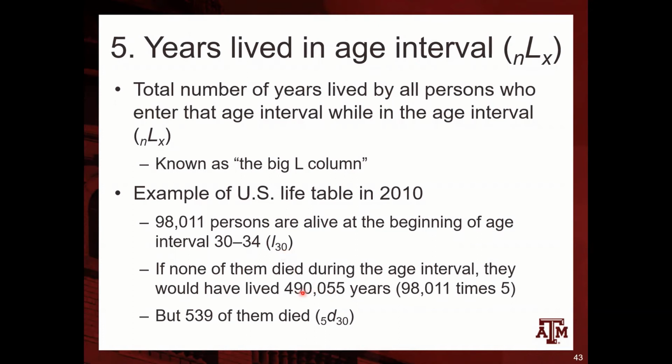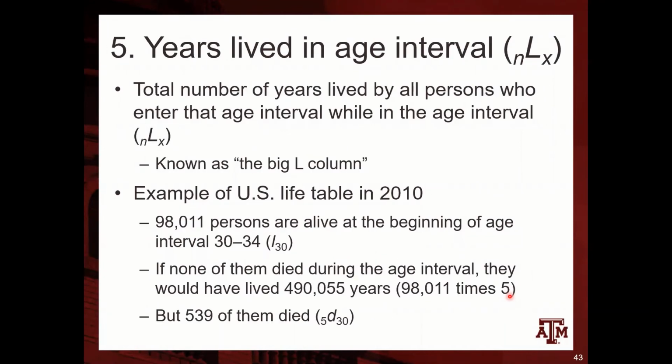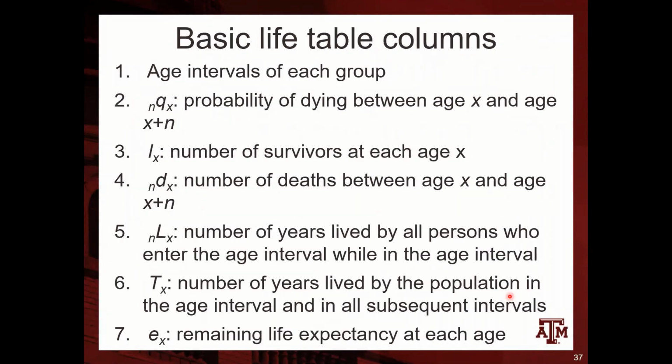How did I get this number? I just take 98,011 multiplied by 5, because we have 5 years there from 30 to 34. But we know that 539 of them died and we have to discount. So if you go back, we're talking about the group 30 to 34.